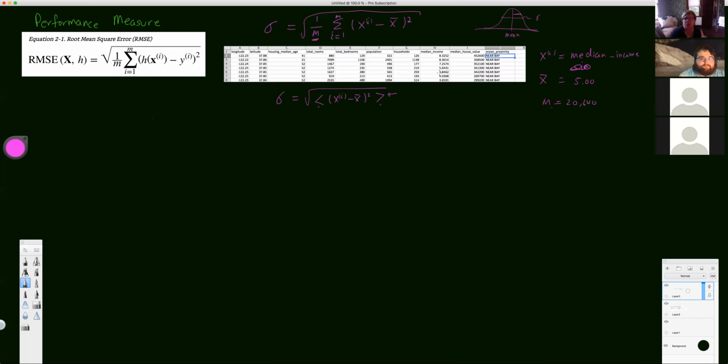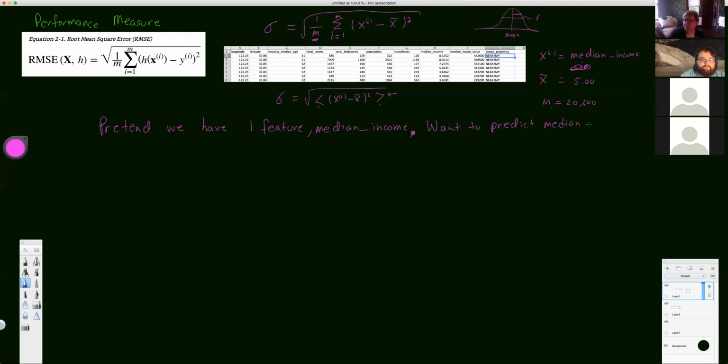So let our one feature be median income, and we want to predict, of course, median house value.